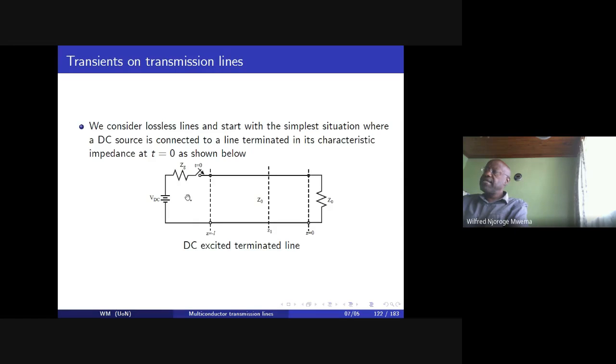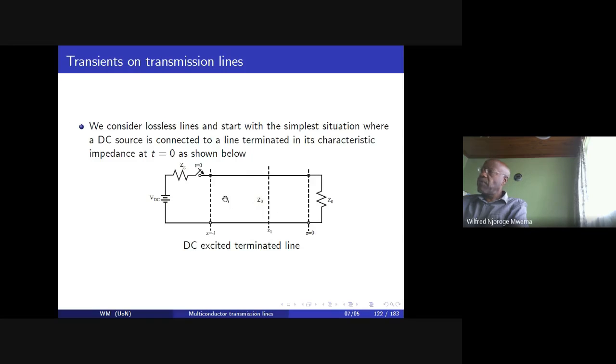So we have a DC source of voltage VDC, that is open circuit voltage VDC. We have a source resistance of ZG. Here I'm using ZG, but we can always write it as RG. We have the line section that we are connecting to the load as having a length L, okay? And we are measuring our z at z equal to 0 at the load. It has a characteristic impedance of Z0.